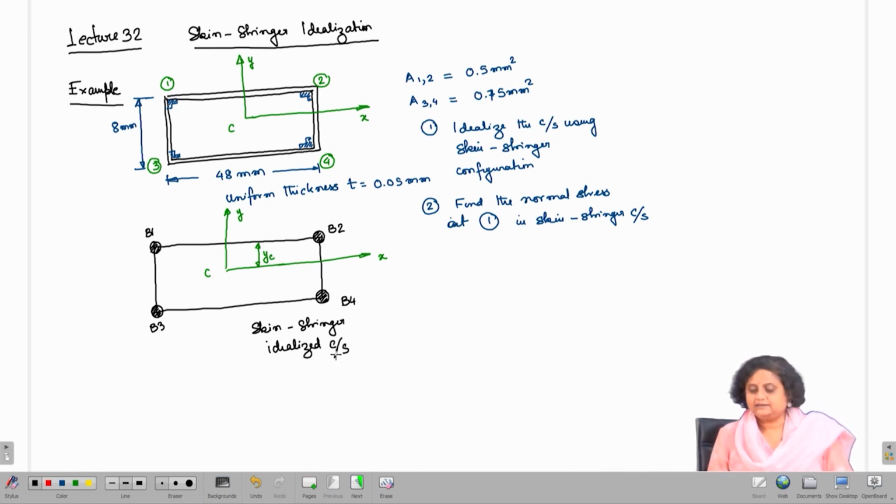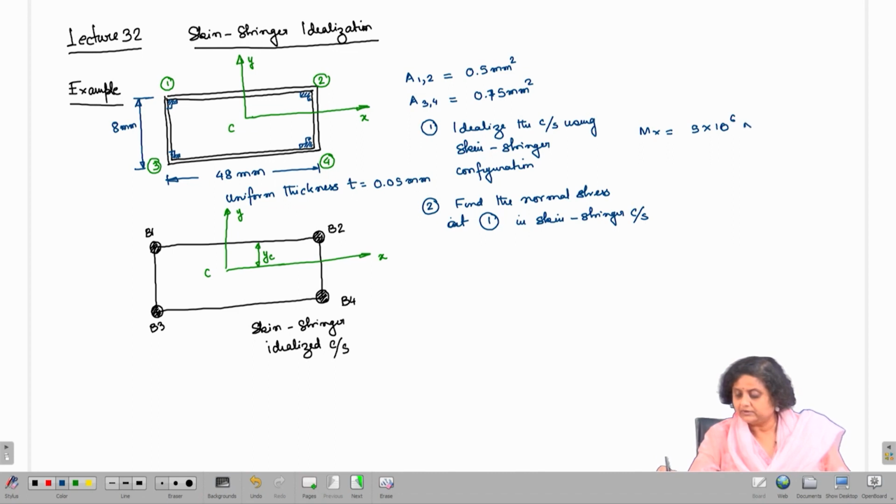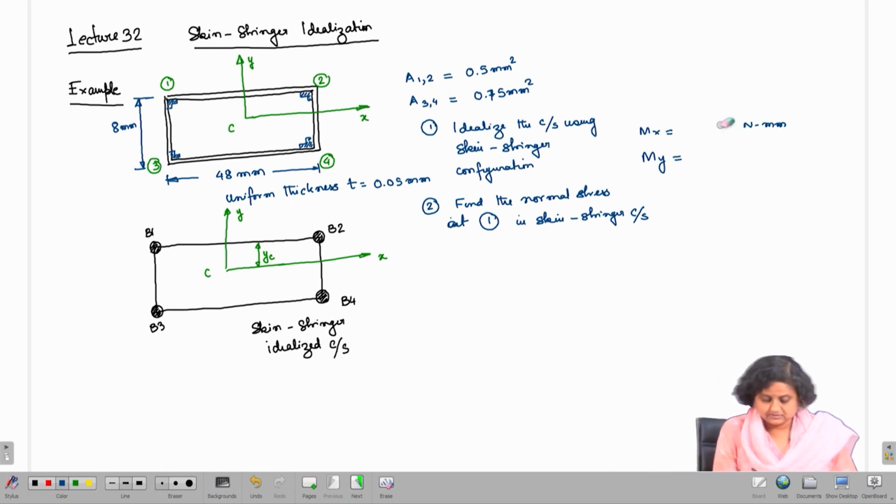Now, I forgot to mention another piece of information given in the problem: Mx is given as 5 into 10 to the power 6 Newton millimeter, and My is given as, sorry, let me write this completely.